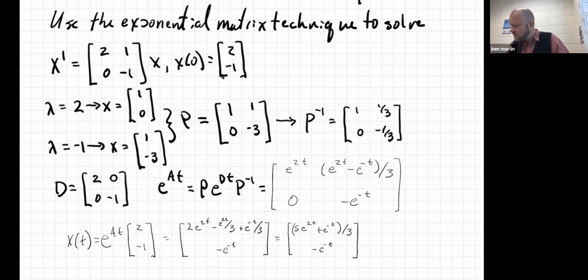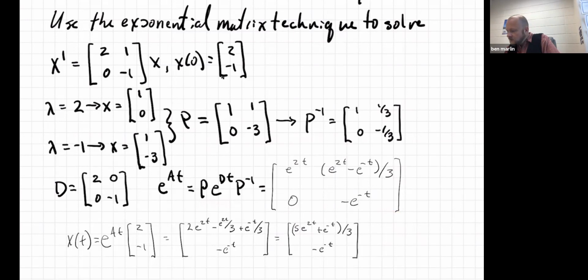Anyway, once we've got the P and the P inverse, we know that we can get e to the At by taking P times e to the Dt times P inverse. And when you've got e to the Dt and it's just a diagonal matrix, all you have to do is exponentiate the diagonal. That's it. So e to the At is something we can actually calculate with stuff we already have.